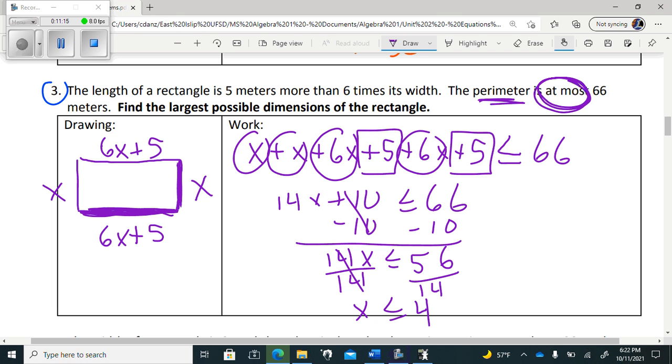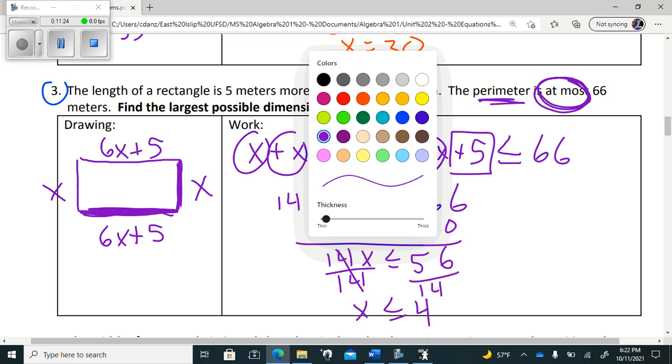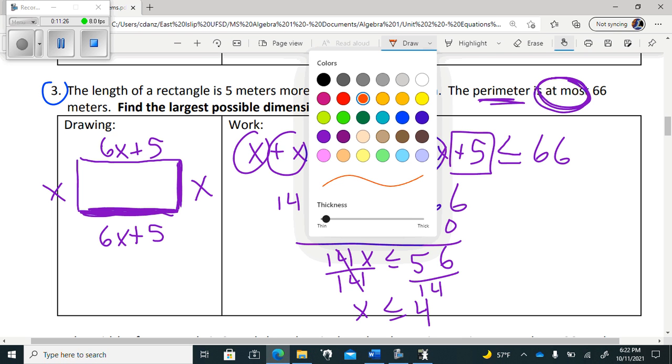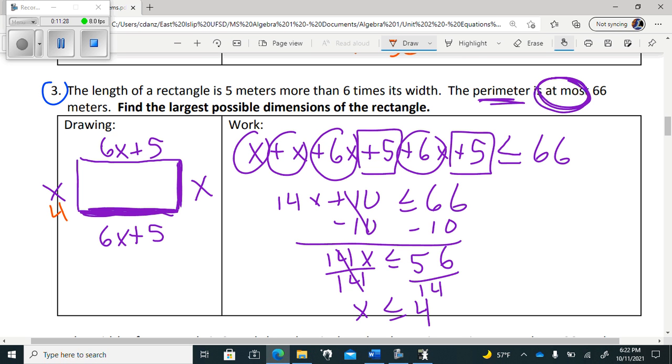So they're asking for the largest possible dimension. So the largest x could be is 4, right? X might be less than 4. So we're going to use 4 when we go back and label it. So 4 is the largest width, and 6 times 4 plus 5, 29, is the largest length.